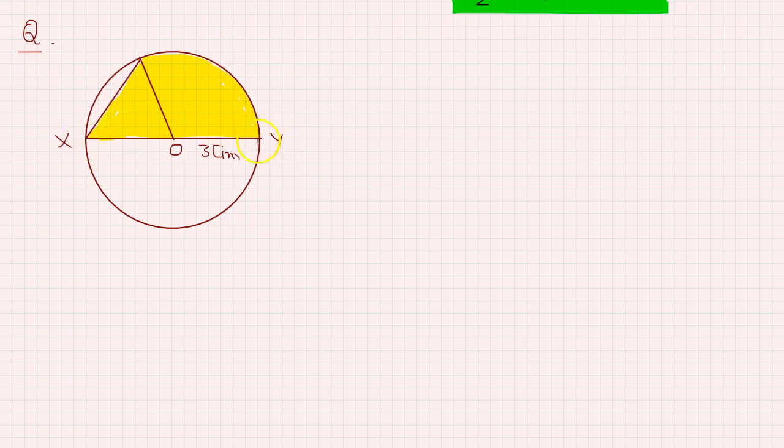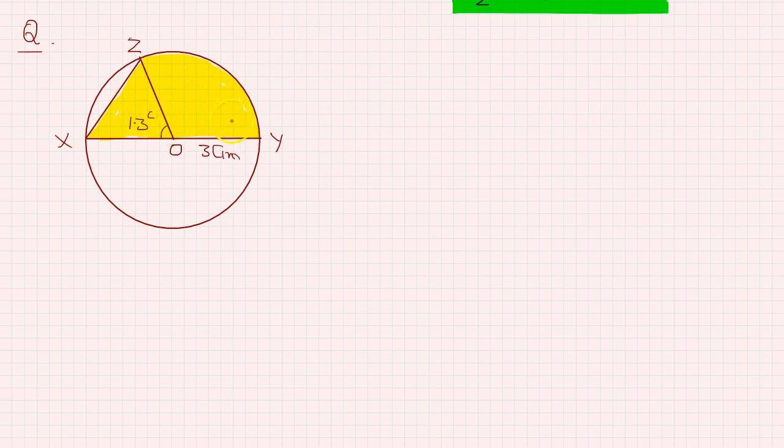XY is the diameter of this semicircle. The point Z is on the circumference, such that angle XOZ is 1.3 radians.